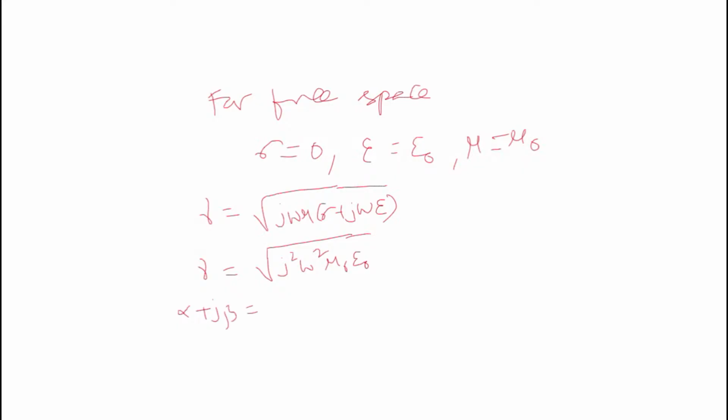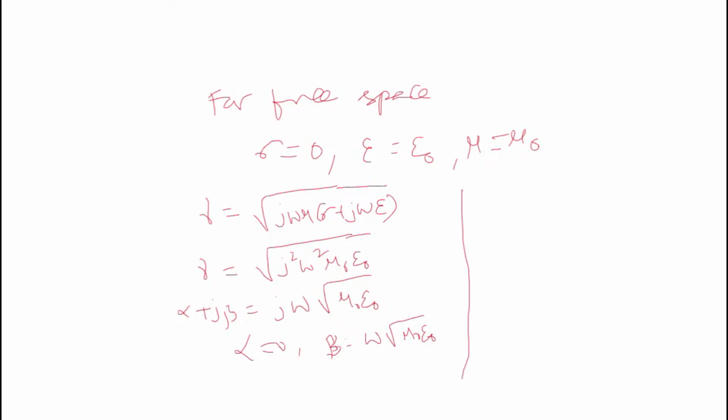So therefore it can be written as j omega under root mu naught epsilon naught. Therefore alpha equals 0 and beta equals omega under root mu naught epsilon naught.